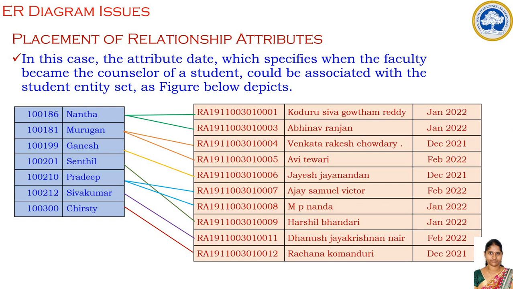That attribute will not be the same for all the students, it may vary. So from which date onwards he is a counselor for the particular student. So the one-to-many relationship may be a challenge for us. These are all the issues we are facing when we are constructing the ER diagram.